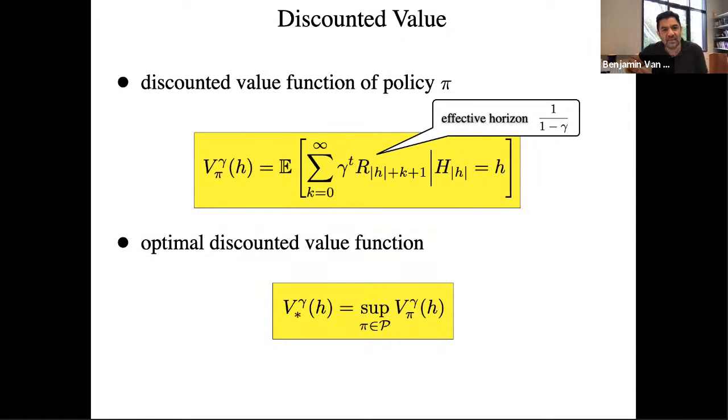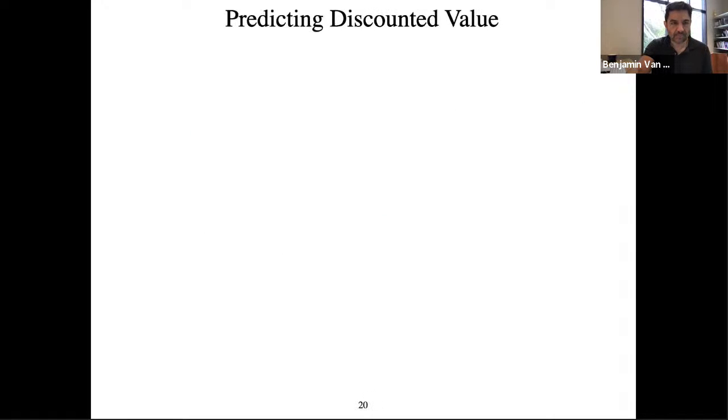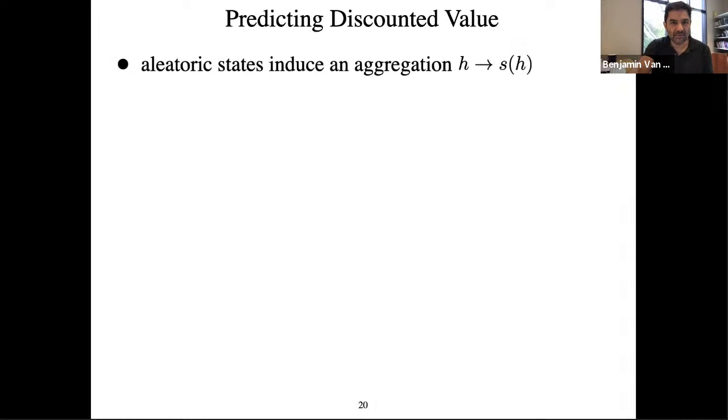There's also this concept of optimal discounted value. The optimal discounted value function, V star gamma, is arrived at by taking the supremum over pi, over all policies, for each history h. Now let me talk a bit about predicting discounted value.